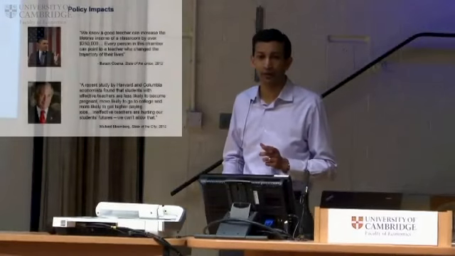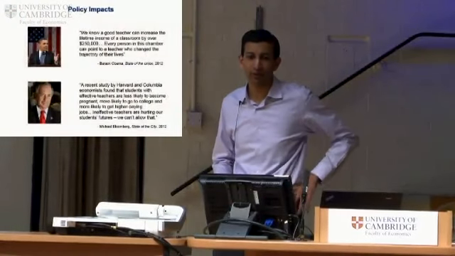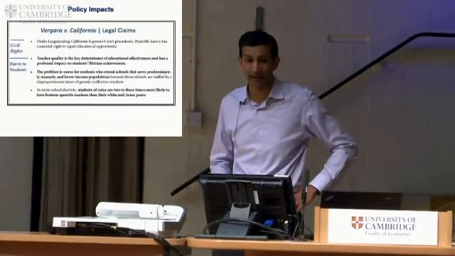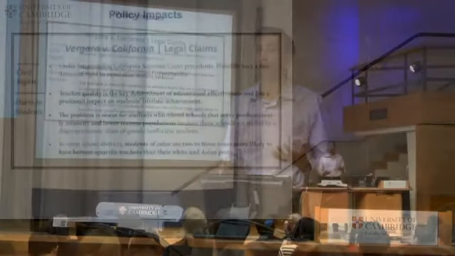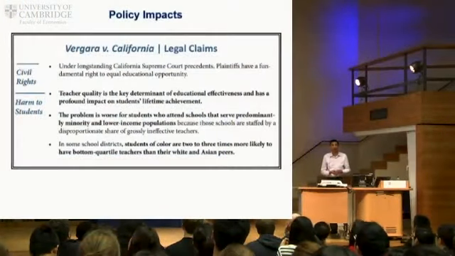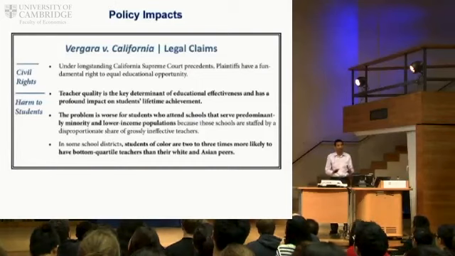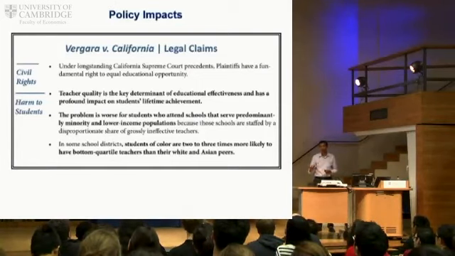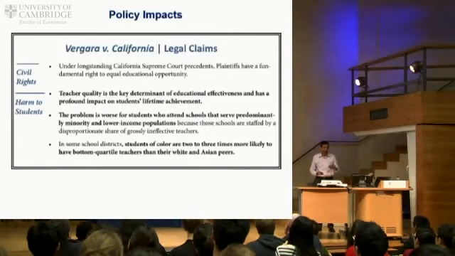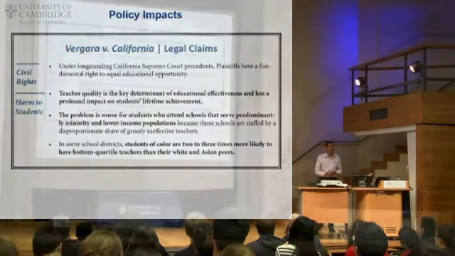Probably the most important impact of this type of work is in the context of litigation, where there's an important lawsuit called Vergara versus California, which challenges some of the ways in which teacher hiring and retention policies are made in California school districts, where essentially there's no scope for performance evaluation, so you don't have the ability to keep the best teachers.